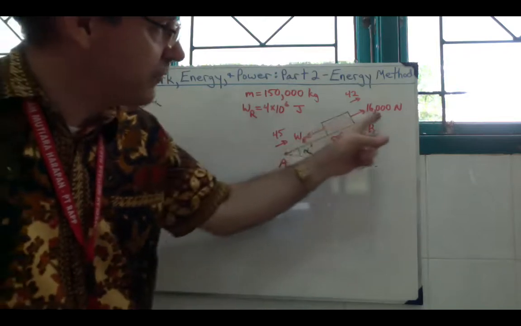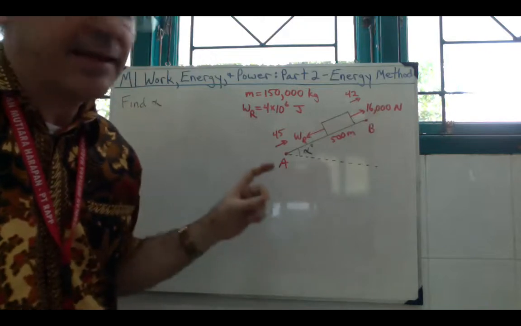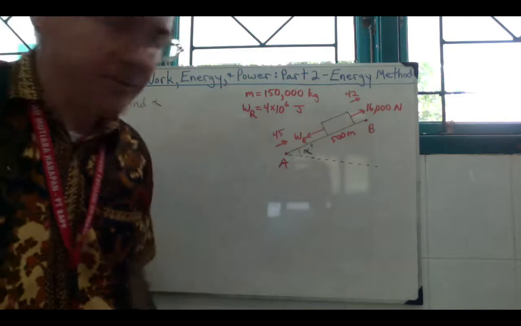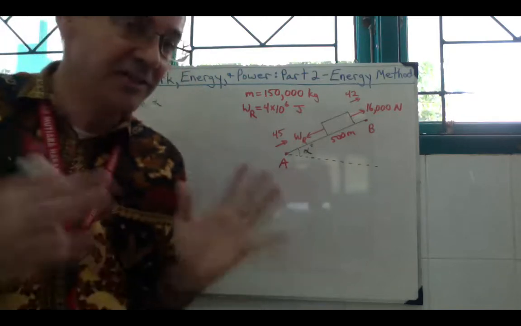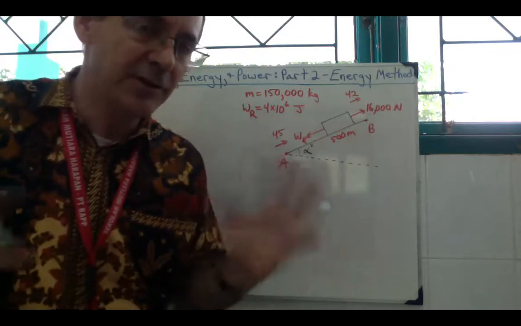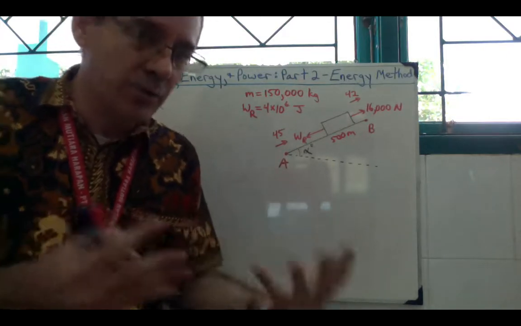We have a driving force of 16,000 newtons, and it's a constant force. And we need to find alpha. So again, you're going to have to consider, because it doesn't specifically say use the energy method, you're going to have to look at the information and weigh it out as to which way you want to solve it.